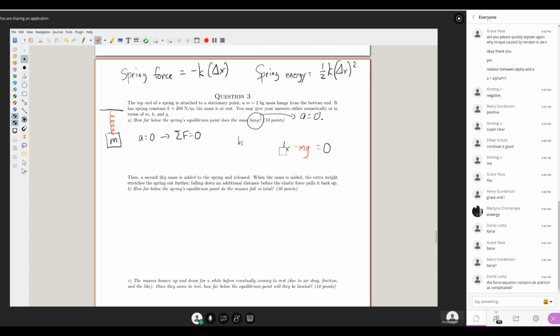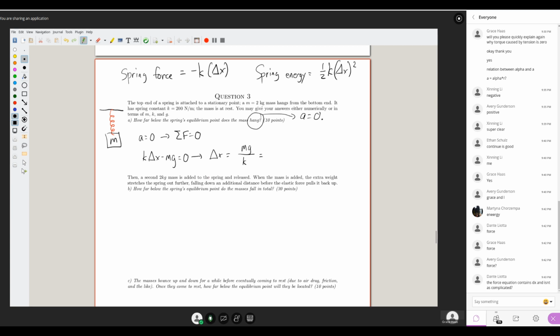So at this point, let me write this on the left so we have more room. K delta x minus mg equals 0. So delta x equals mg over k. All right.